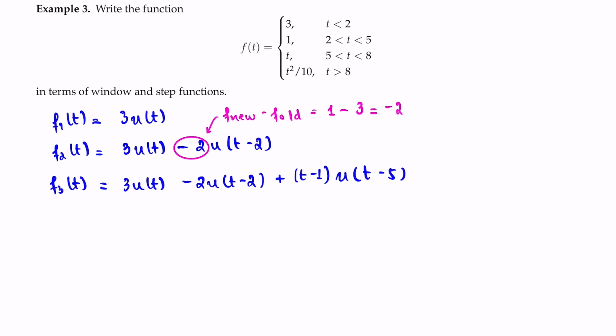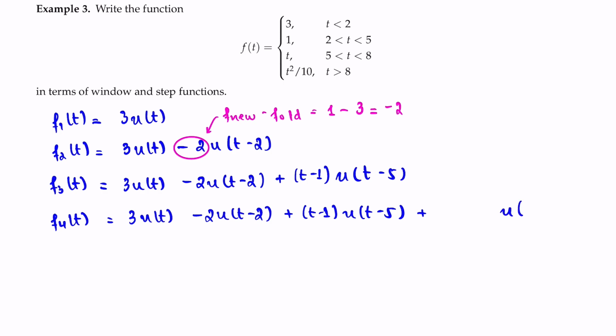Now for the fourth function, which is the combination of all of the functions that we did in f1, f2, and f3. So f4 should include 3 times u of t minus 2 times u of t minus 2 plus t minus 1 times u of t minus 5, plus the last interval is t greater than 8, or t minus 8 here.